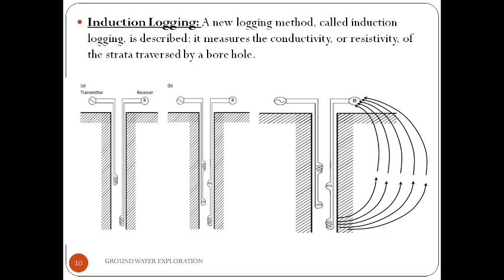Insulated coils rather than electrodes are used to energize the formations, and the borehole may contain any fluid or be empty, but the hole must be uncased. It is specially used to investigate thin beds because of its focusing abilities and its greater radius of investigation. It is a superior method for surveying empty holes and holes drilled with oil-based mud.